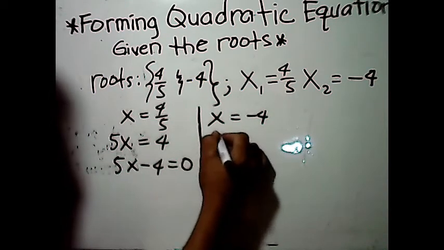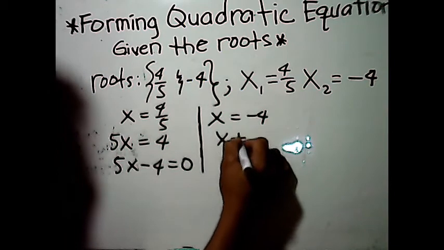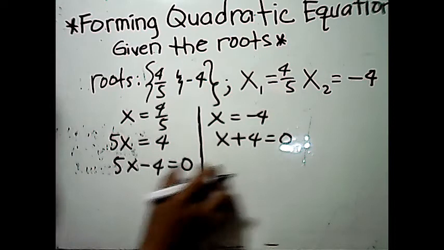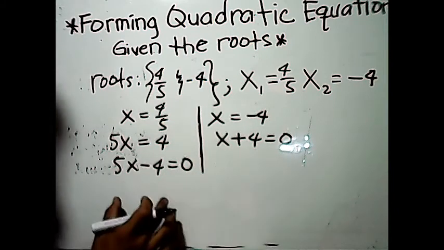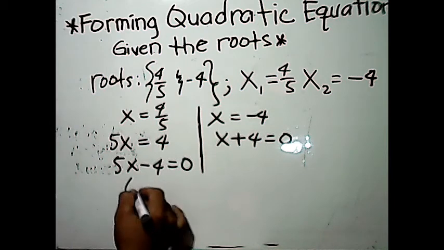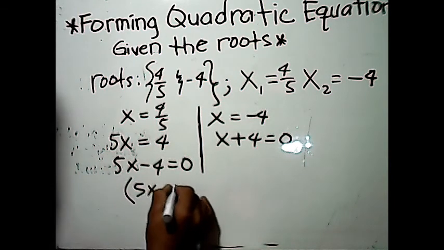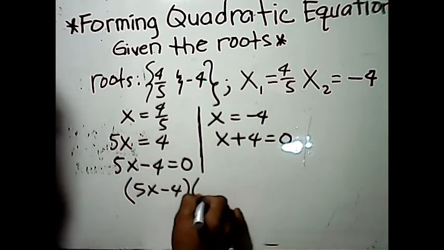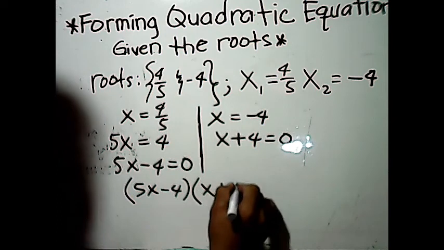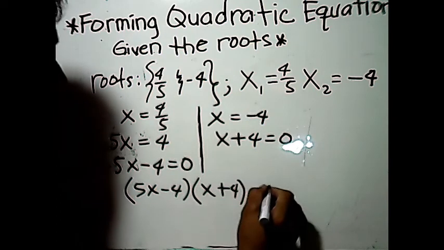Then the other one, x plus 4 equals 0. So we have already our two. These are the factors of our quadratic equation. So we will express as a product of binomials: 5x minus 4 times x plus 4 equals 0.